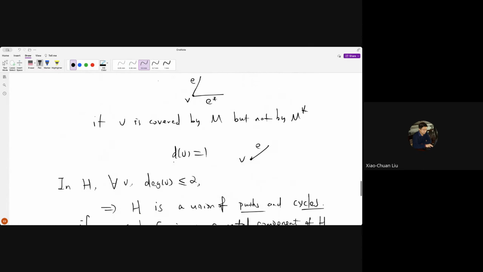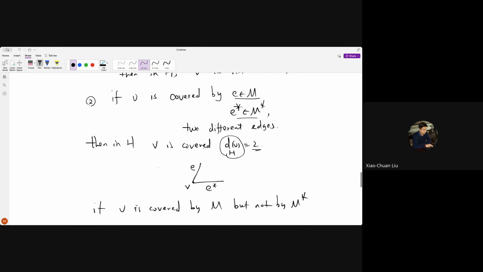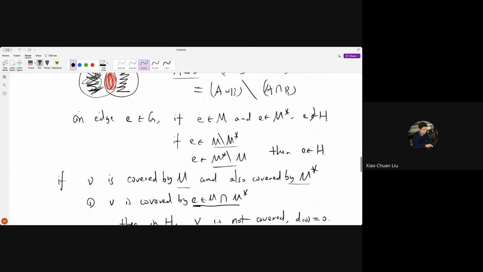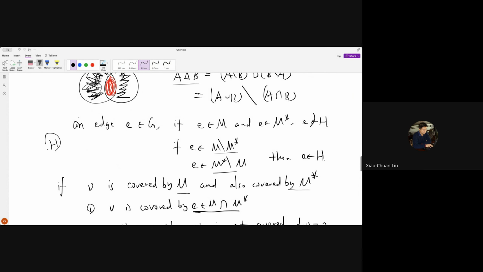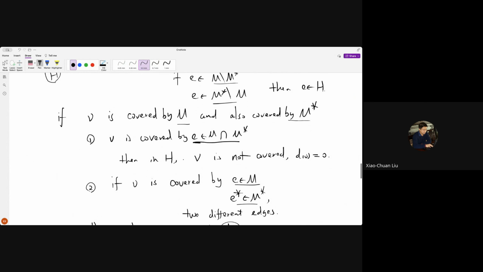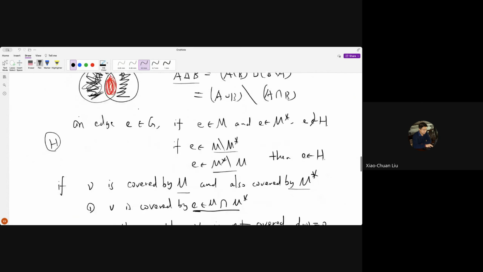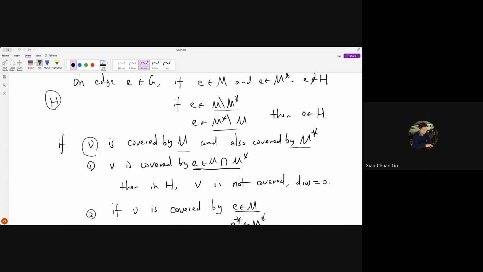Here is the full argument. Why do we take this effort to define this H? We actually prove that in H, which is obtained by this symmetric difference, every vertex has degree 1 or 2 or 0.